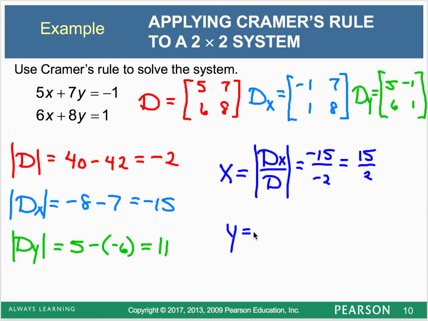And y would be by finding D sub y over D, which would be 11 over negative 2.